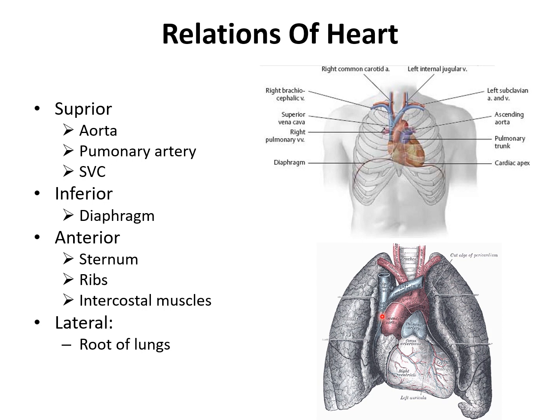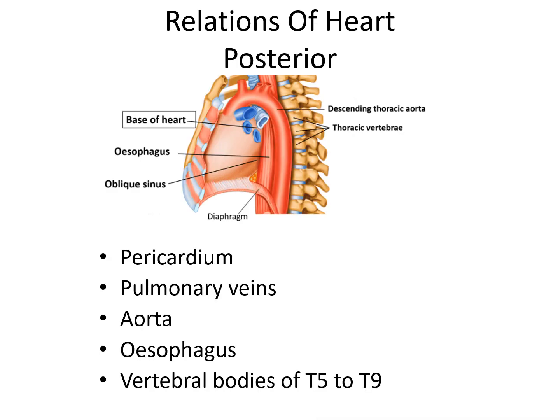On the lateral aspect, it is related to the root of the lungs. Posteriorly, it is related to the structures lying in the posterior mediastinum, and all these structures are separated from the heart by the pericardium.